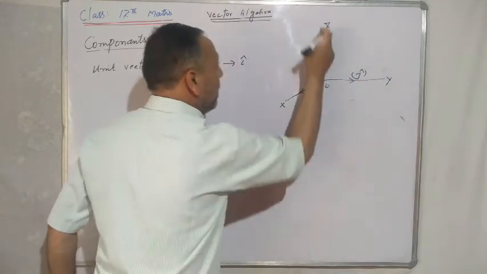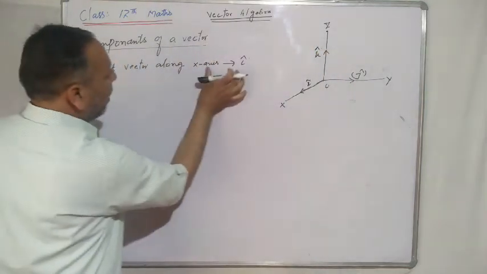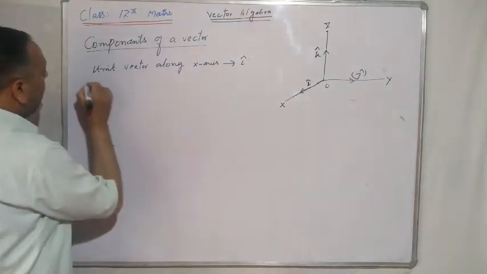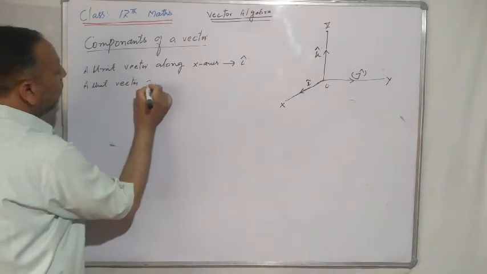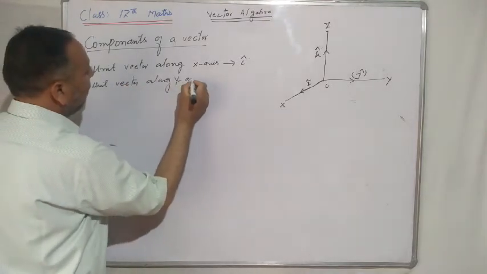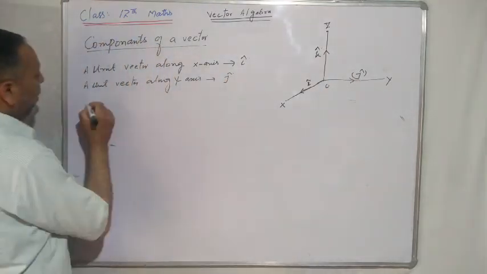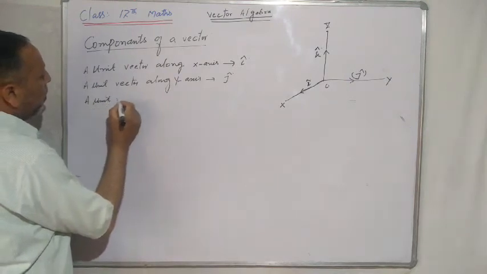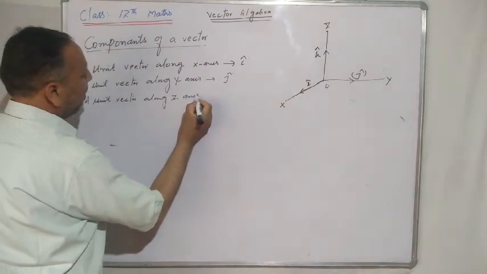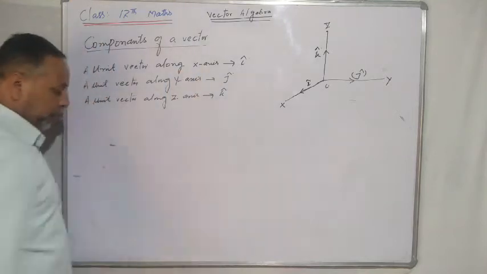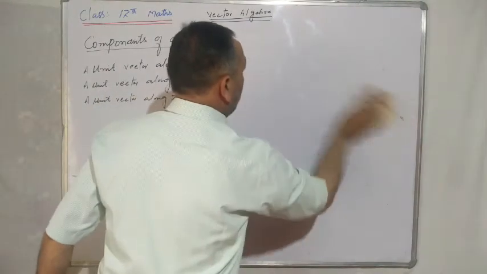And a unit vector along OZ or z-axis is denoted by k cap. Now, components of a vector.